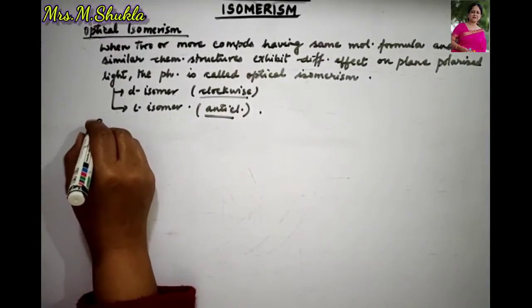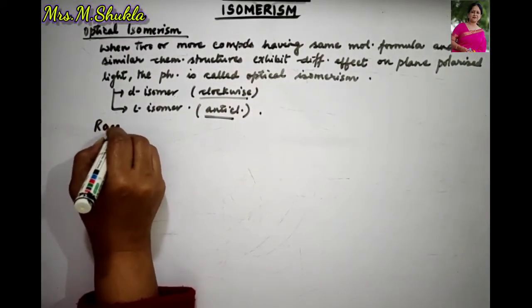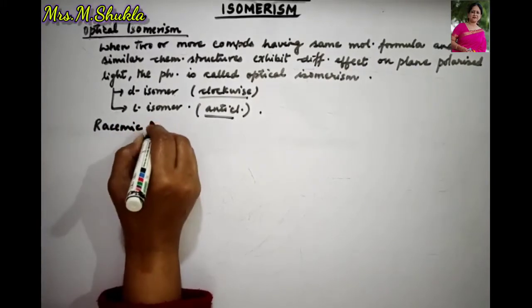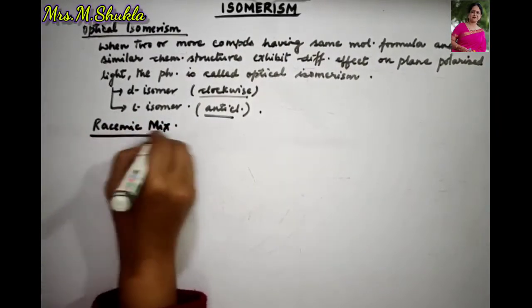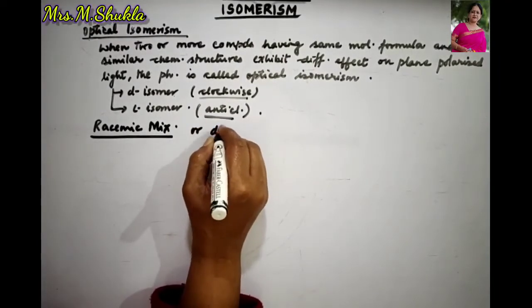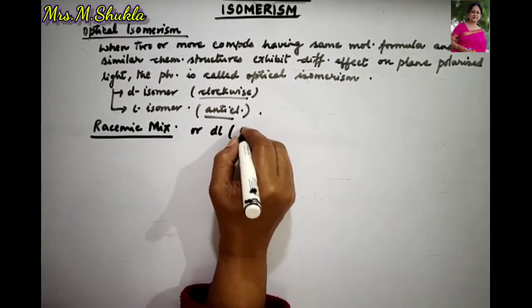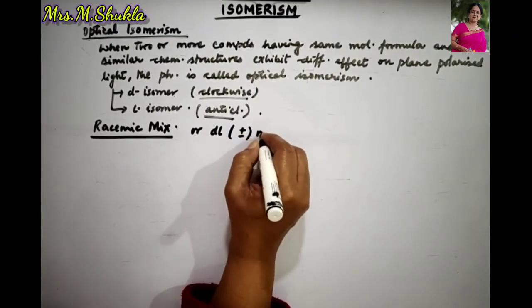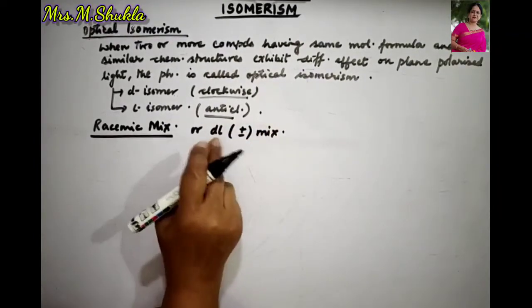Next we come to another new word, that is racemic mixture. What do we mean by racemic mixture? We also write it as DL mixture. What do we mean by DL?